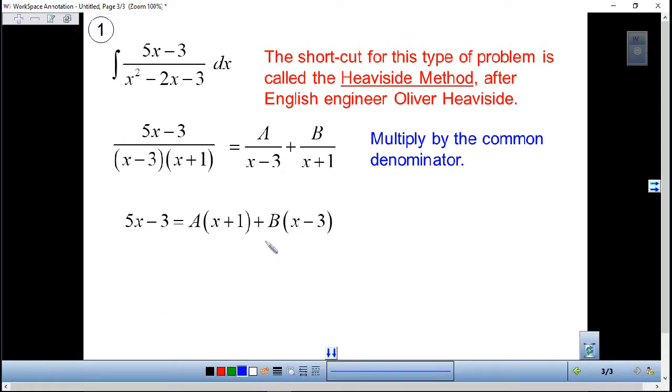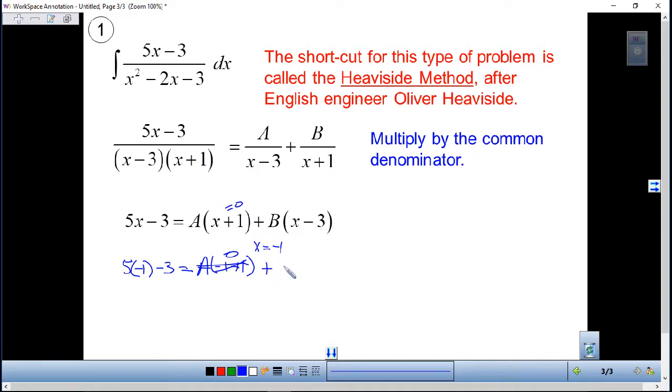So let's do the first one. We're going to set this thing equal to 0, which means that we're going to let x equal -1. Now if x equals -1, that means that everywhere I have an x, I'm going to put a -1 in. So we have 5 times -1 minus 3 equals a times -1 plus 1. Well, of course, that's 0, so this whole term goes away. Now you see one of the benefits.